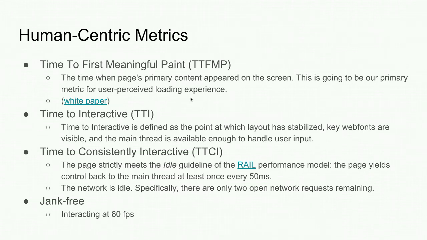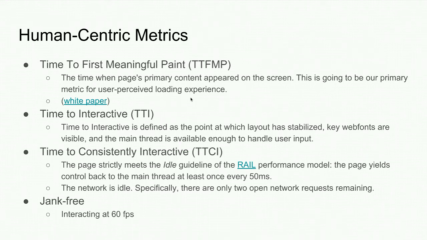And this is going to be our primary metric for website performance. The difference is that now we're evolving towards human-centric metrics, so metrics which will improve the user experience. Ultimately, the user is going to have a better experience if you improve the website performance.